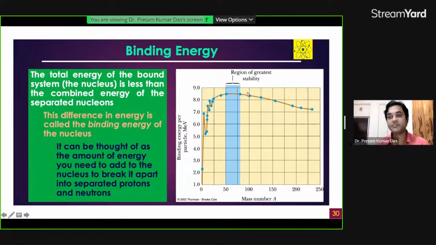If they break down into pieces, they can go there. If we hit here by a neutron, they break into pieces, and those elements should have binding energy per nucleon here.